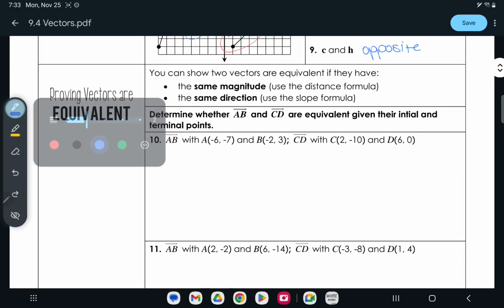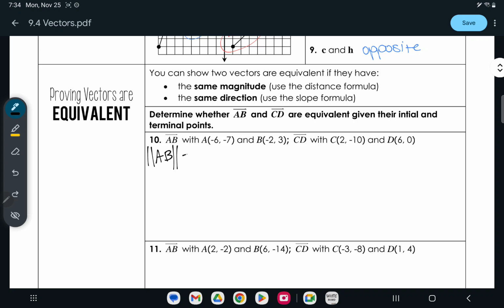All right, let's look at proving that they are the same. So you can show that two vectors are equivalent if they have the same magnitude, so the same distance, and the same direction, and we would use the slope formula. So let's see, we have AB and CD. So let's do the magnitude of them.